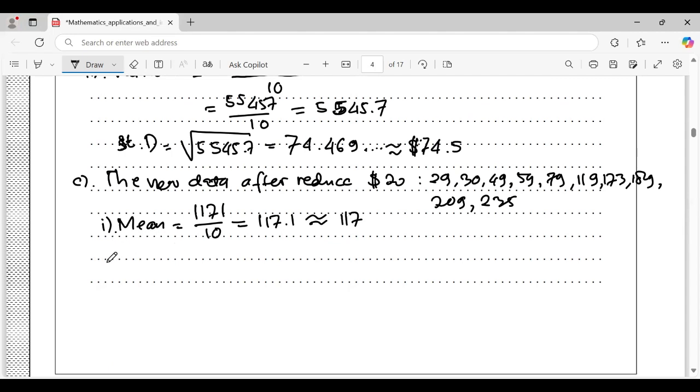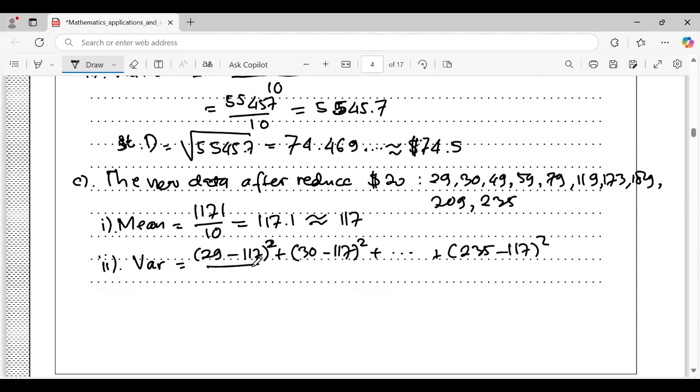And next we are going to find the standard deviation. But we need to find the variance first. 29 minus 117 squared, 30 minus 117 squared, on until 235 minus 117 squared, over 10.